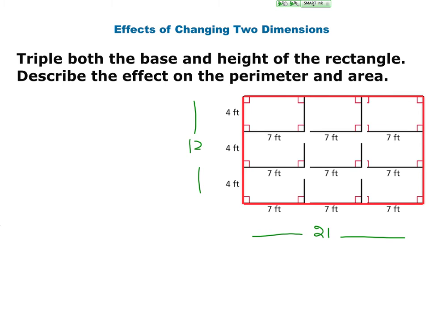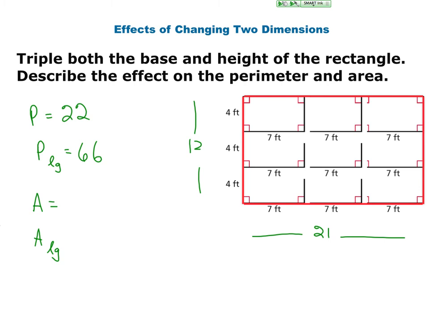New perimeter is 66. What was it to start with? 22. So now that we tripled both the height and the width, the perimeter did get 3 times as much.